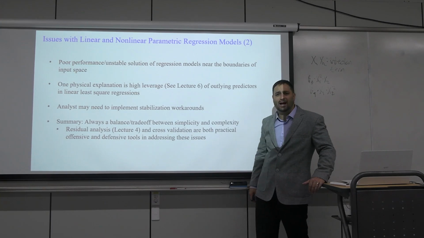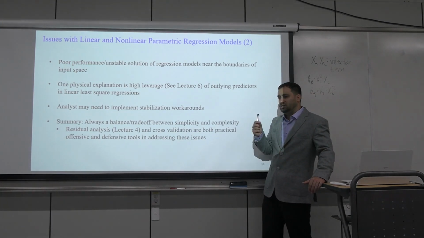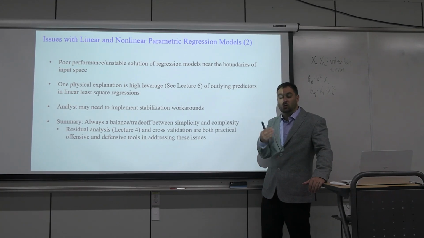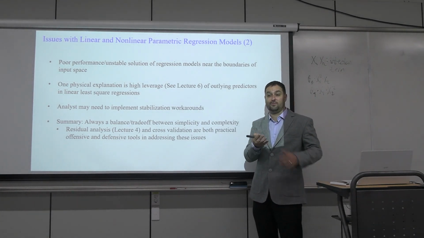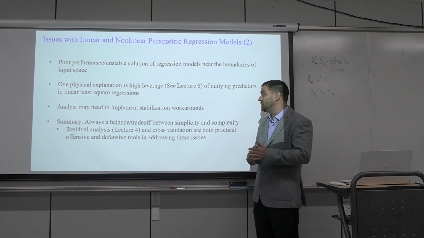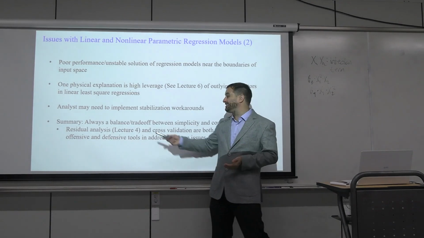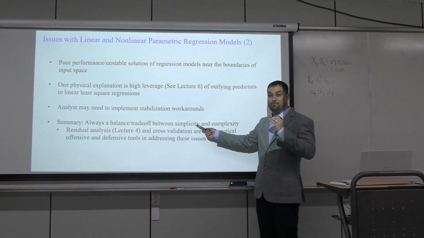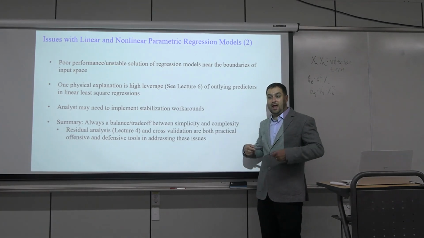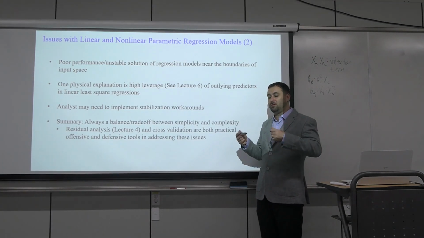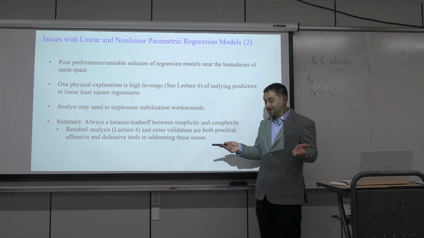To summarize the parametric regression models, as a student or a young researcher wanting to do regression properly and apply it to your research, you need to remember there's always a balance and a trade-off between simplicity and complexity. Generally we want the simpler model. Sometimes y equals a constant is the best model.